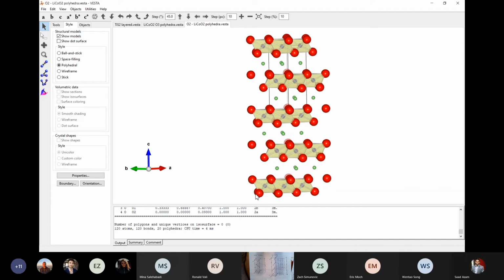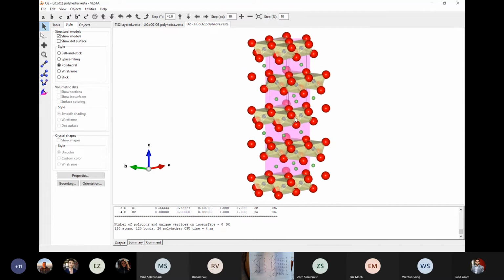And for sure, you can see what I'm saying, the little line that I like to draw between the oxygen, transition metal, oxygen, here it's up and to the right. But in this layer, it's up and to the left. So it's unlike the O3 structure.